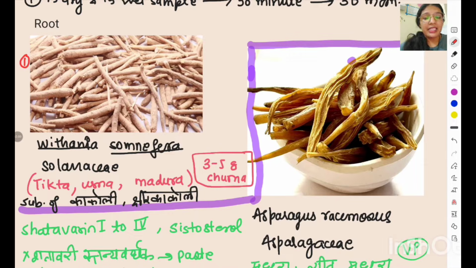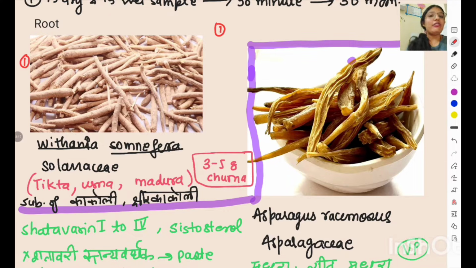Its botanical name is Withania somnifera, and you have to know the botanical name and family for all the drugs. I have uploaded one or two sheets of botanical names and families on our Telegram channel. You can download those pages or print them and try to remember them, because in the Viva they can also ask.